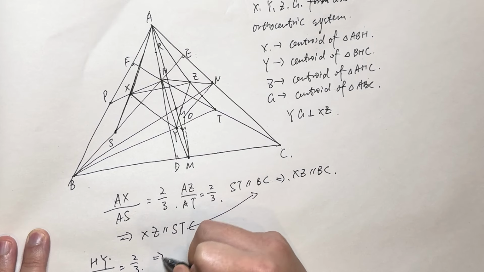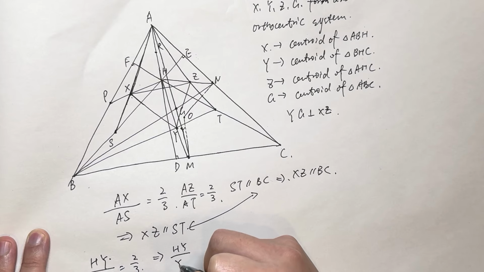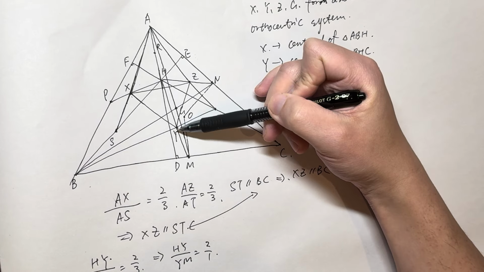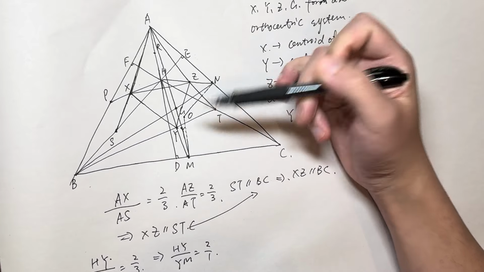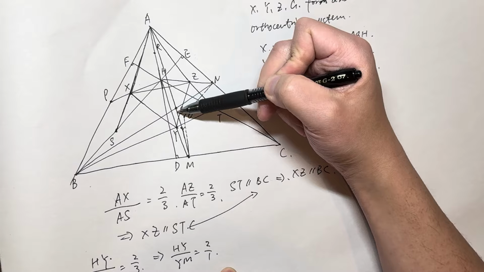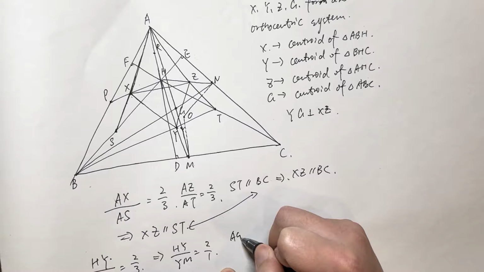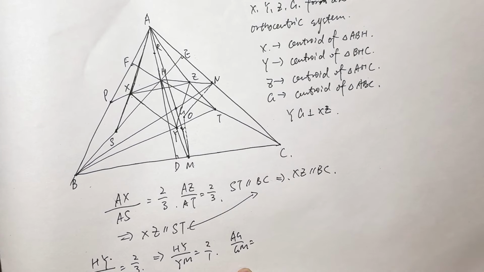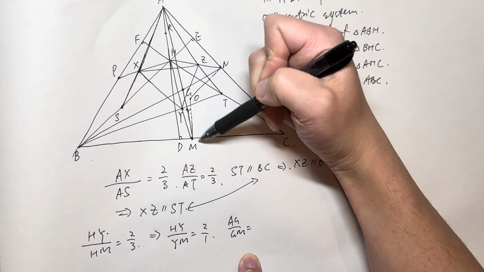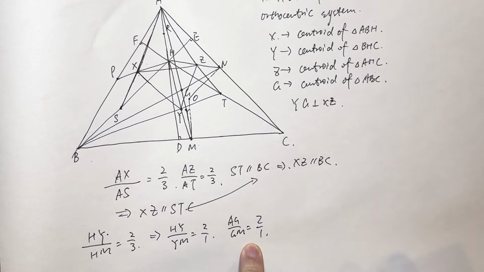Or say HY to YM equals 2 to 1. Right? And also, if you look at AG to GM, AG to GM equals 2 to 1.